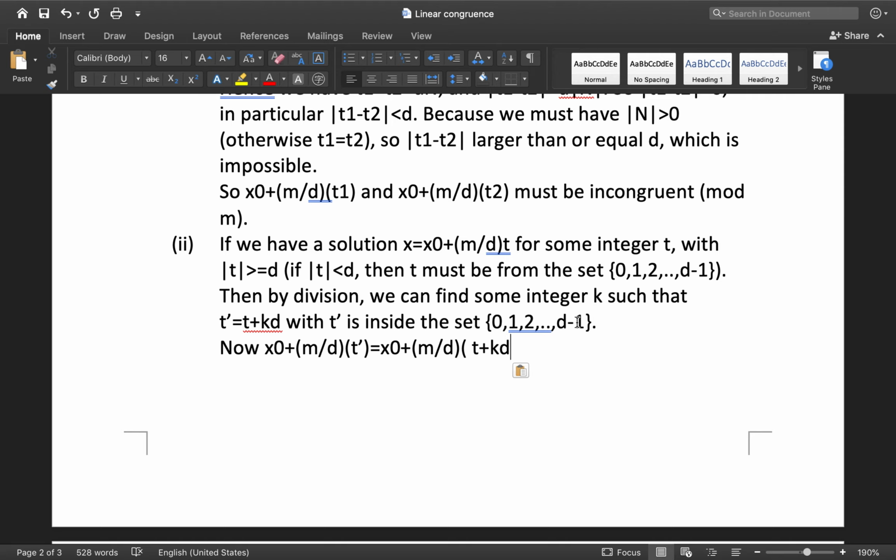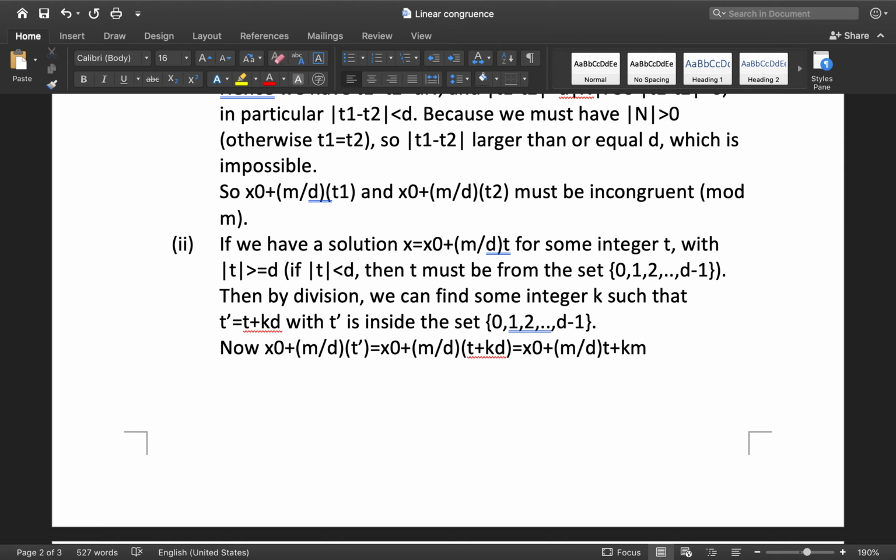Now after you do substitution, you can multiply this m over d into the bracket. Even though, remember, this is m over d, it's not a fraction because d is a factor of m, so you can always cancel that. Anyway, now this is equal to x0 plus m over d times t, and then plus this, you multiply kd with this fraction. Now that d got cancelled, you only get km.